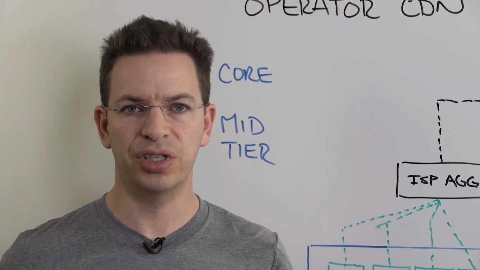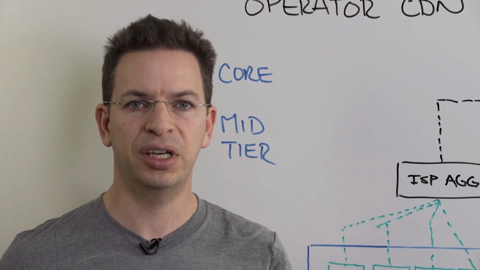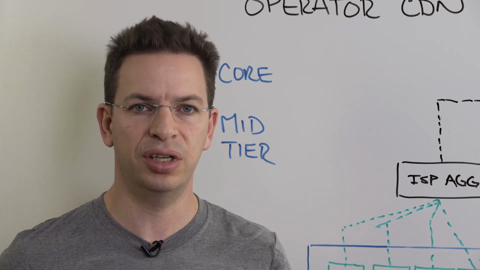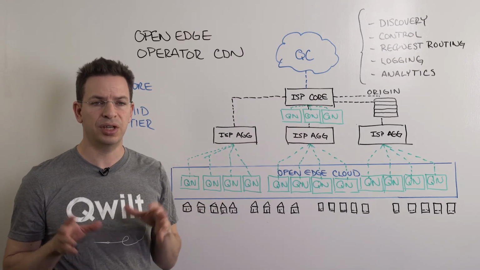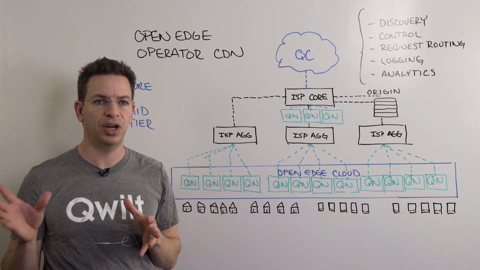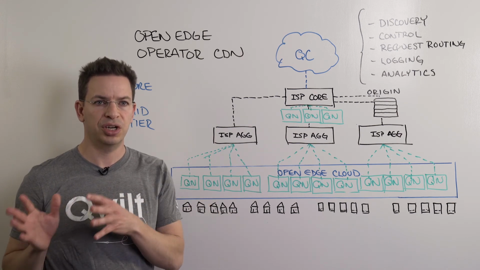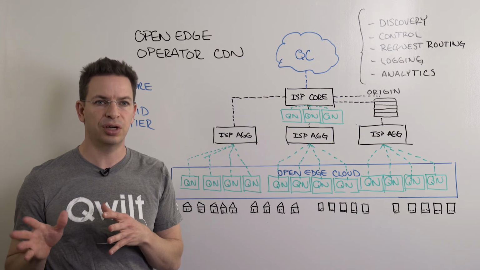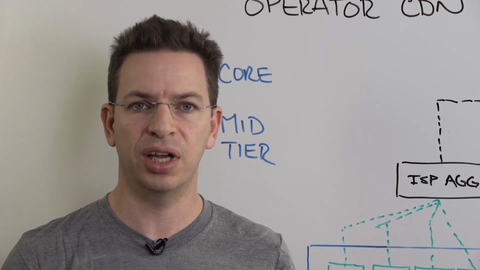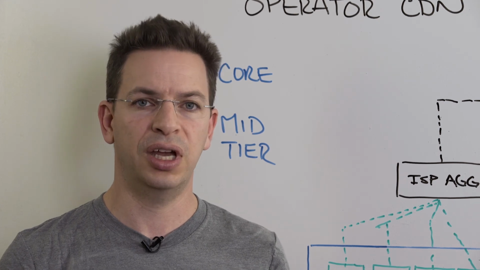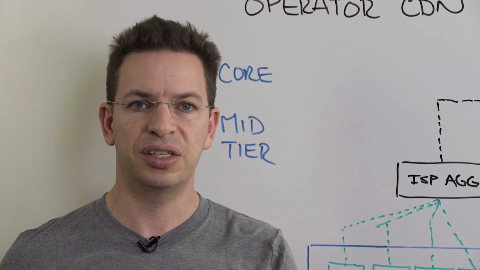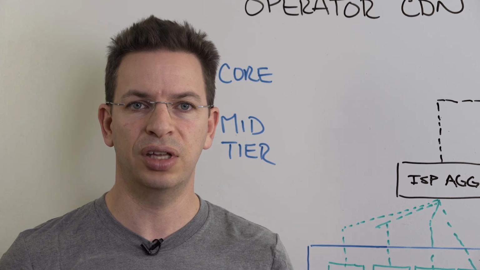Qwilt solution supports a variety of network hierarchies, and we can tailor a solution to each operator's individual needs. The QN nodes themselves are multi-home, so they can serve any type of content if an operator chooses to do so, which ensures a future-proof solution for today's consumption need, as well as anything that's coming over the horizon, things like VR, 4K, and augmented reality, and basically use the same nodes to distribute and deliver all of them.